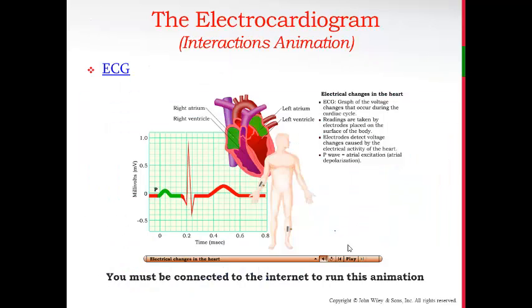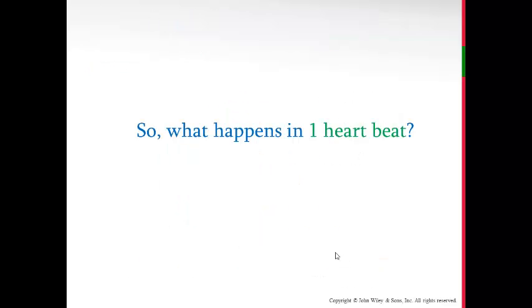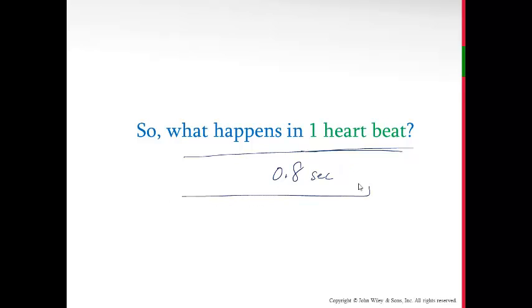Now, you can take a look at the ECG animation if you're connected online through the slideshow. So we're going to take a look at what happens in one heartbeat. We said that it's usually 0.8 seconds. How do we get that 0.8 second?